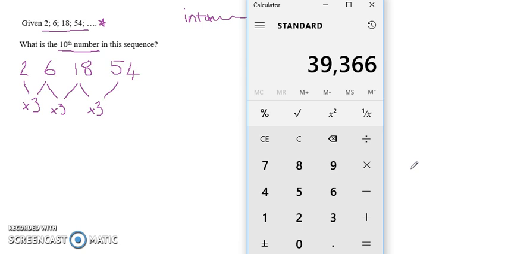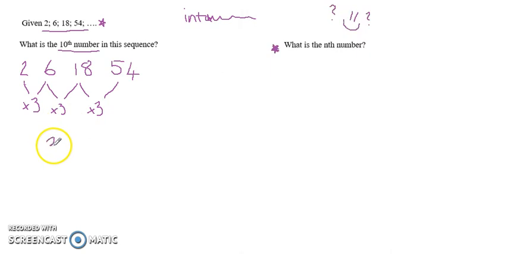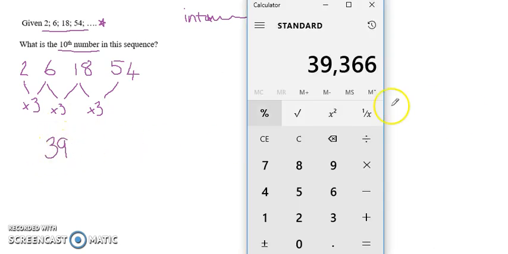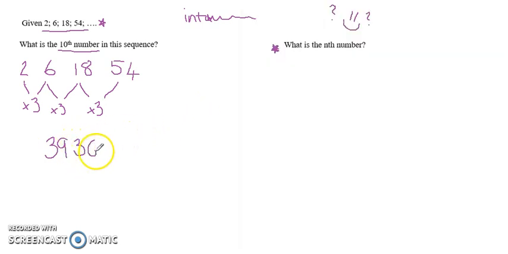Okay, so as you can see, it's obviously not something we would have been able to work out in our heads. And this kind of question usually is going to be only 1 mark because we know you're going to use your calculator to figure it out. And who wouldn't? So the term is 39,366.